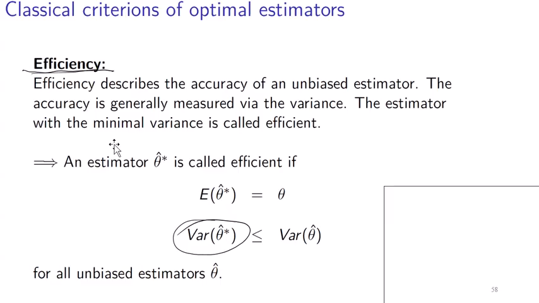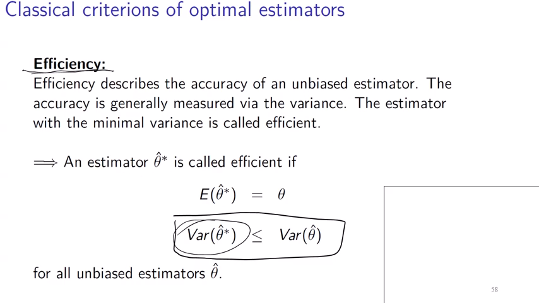The second one was efficiency: we also want to choose an estimator which does not have a large dispersion, or at best has even the smallest variance out of all unbiased estimators. Then we call this an efficient estimator.